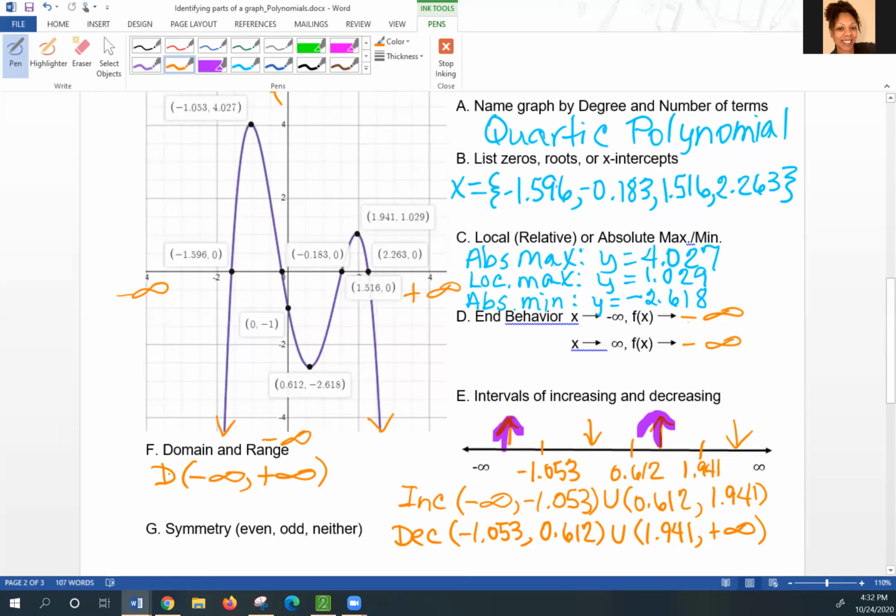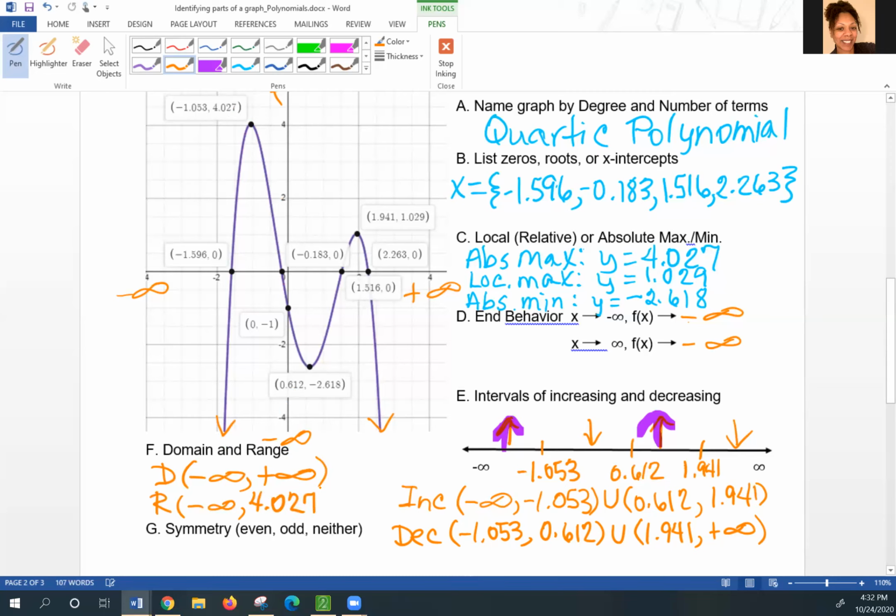This represents my x-axis. My range, however, is represented by my y values. So it's going up and down. Since this graph is starting from the bottom, my range starts from negative infinity, but the highest point that I can go on here, because it's restricted, is where my y is 4.027.